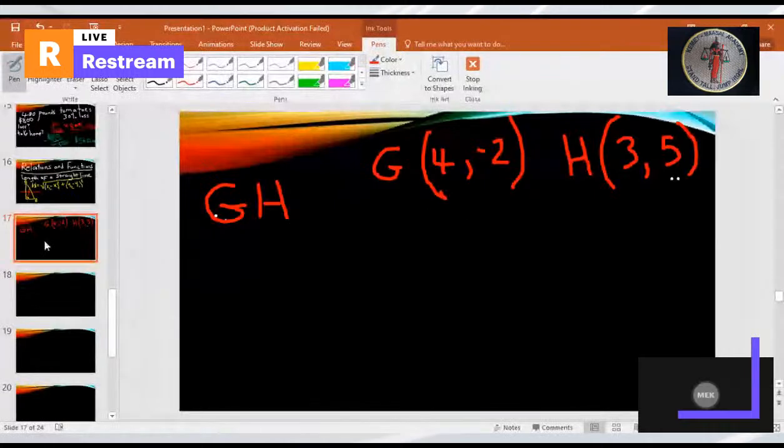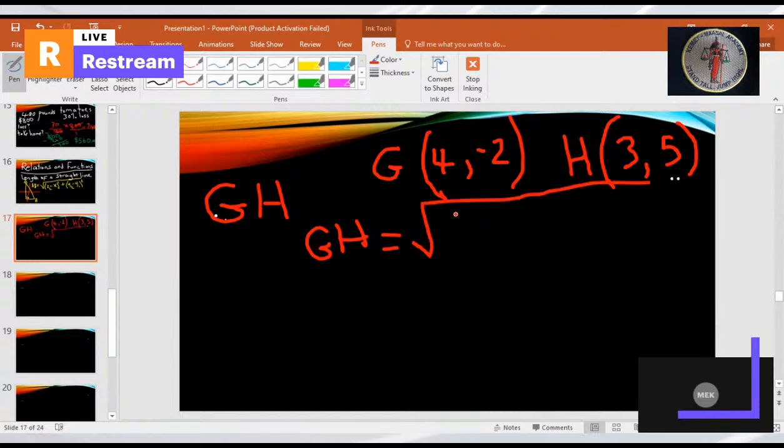So remember, using Pythagoras' theorem, it is the square root of the square of the x term plus the square of the y term. So the length of the line GH would be, we'll use a big square root sign, right?